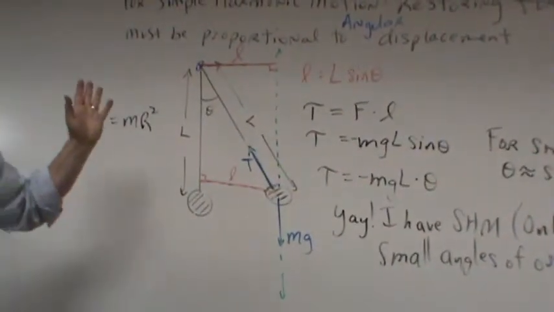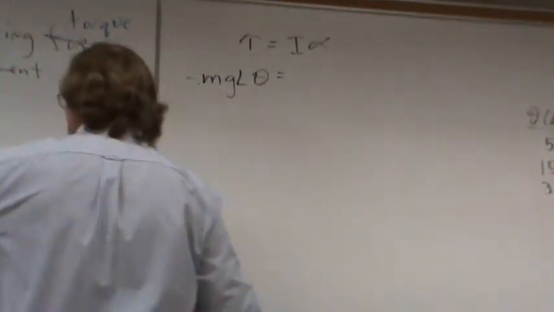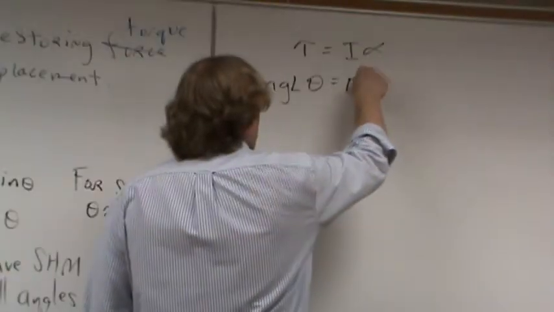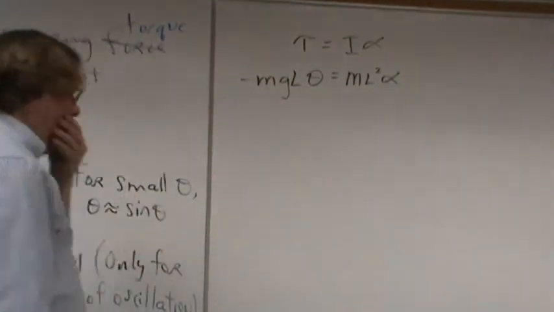And I want to remind you that if I have a mass m rotating a distance r away from the point of rotation, then the rotational inertia is mr squared. We learned that in chapter 8. And so in this case, the distance from the point of rotation is L. So it's going to be mL squared times alpha.